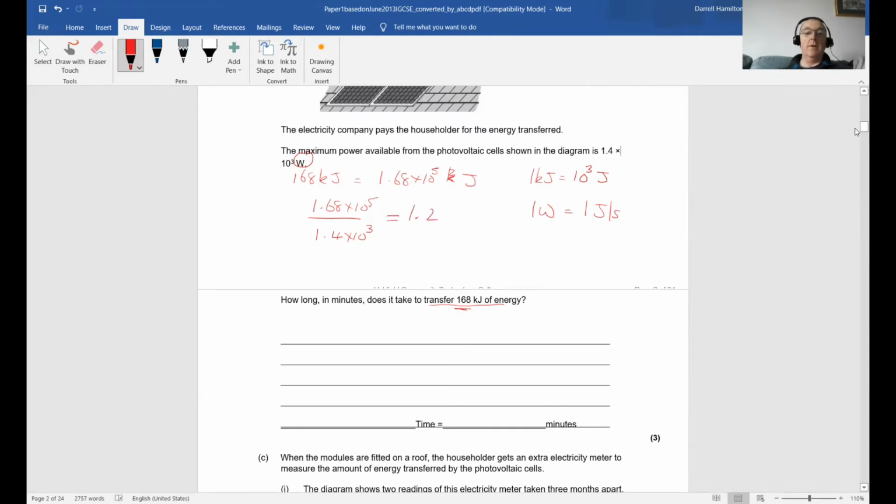10 to the 5 divided by 10 to the 3 is 10 to the 2, because 10 to the 5 divided by 10 to the 2 is the same as 10 to the 5 minus 2, which is 10 to the 3. So we have 120 seconds. And 120 seconds, of course, is 2 minutes.